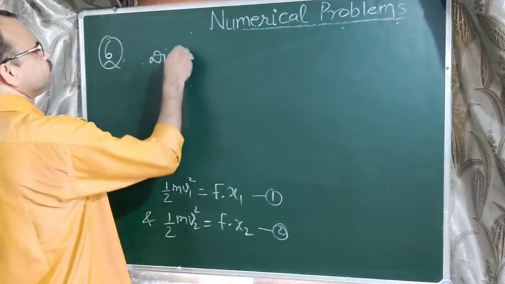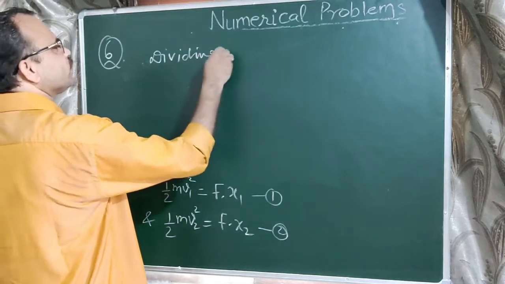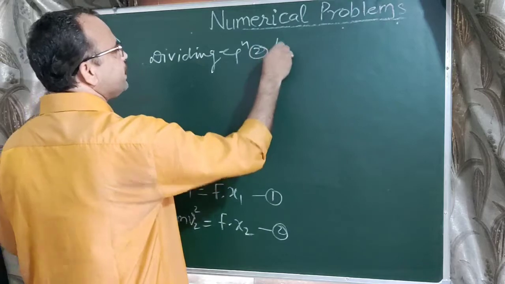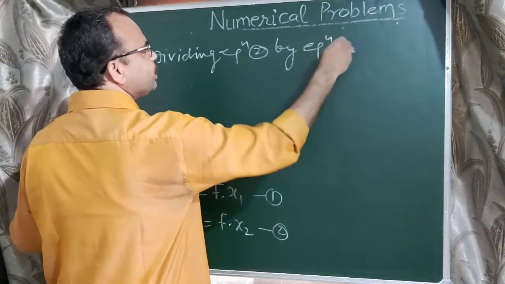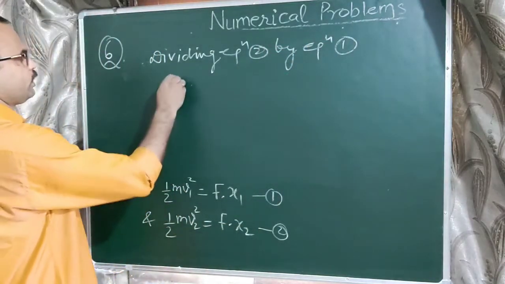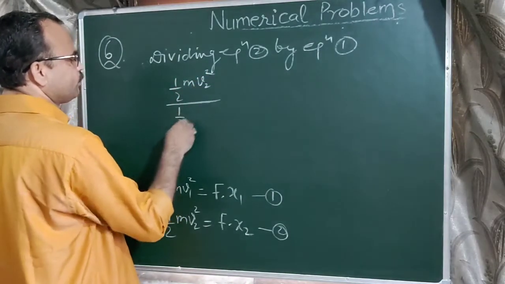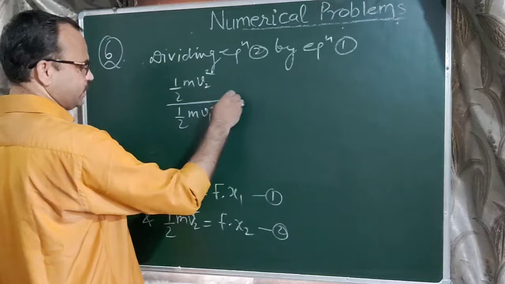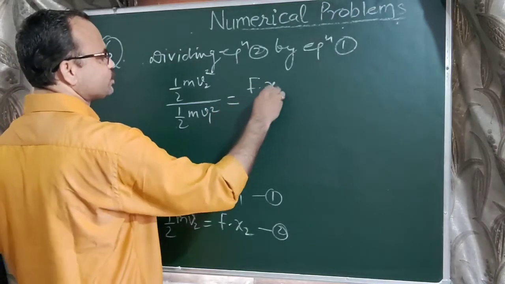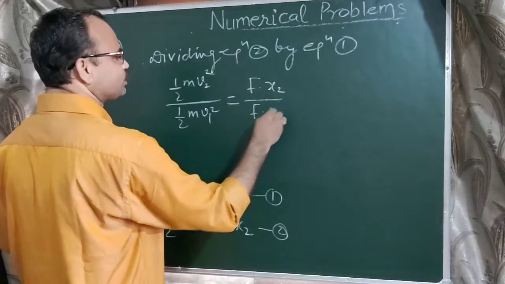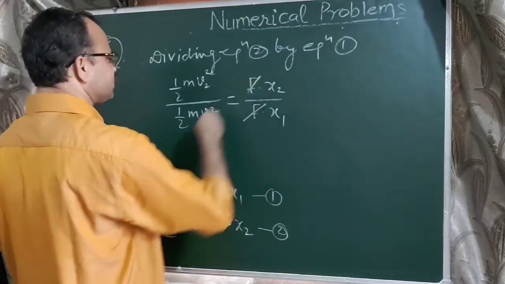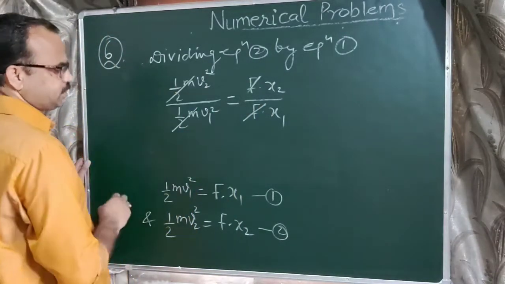Dividing equation 2 by equation 1, so 1 upon 2 m v2 square upon 1 upon 2 m v1 square is equal to F x2 upon F x1. Okay, this F, F cancel, 1 upon 2 m, 1 upon 2 m cancel.